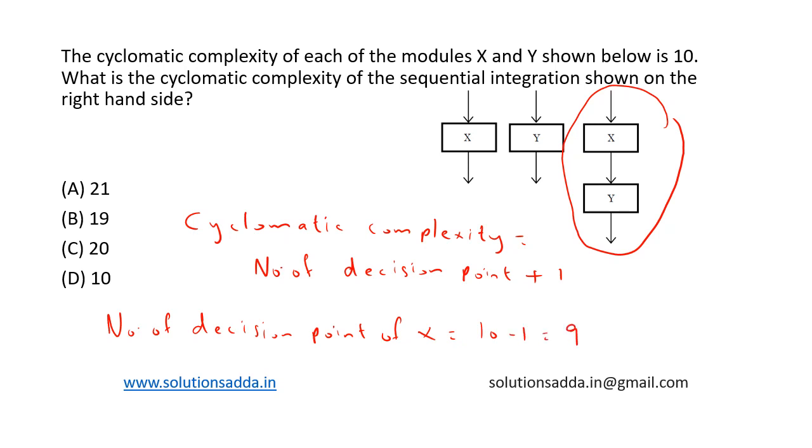Similarly for Y, it is also 10 minus 1, which is equal to 9. Therefore the cyclomatic complexity of the integration is equal to the number of decision points plus 1. Since it's sequential integration, the decision points would be 9 plus 9, and 9 plus 9 plus 1 is equal to 19. So the cyclomatic complexity of the sequential integration is 19. The correct answer is option B, 19.